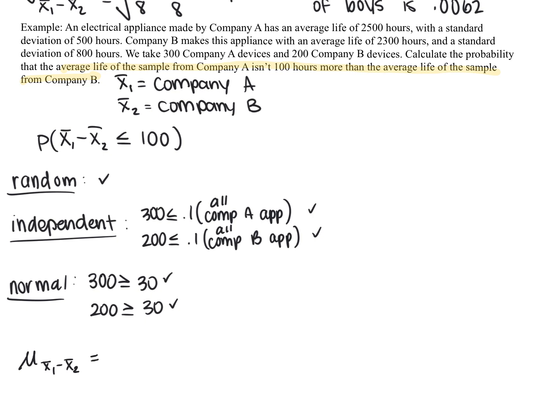And we're going to have 2,500 minus 2,300, giving us a mean of 200.